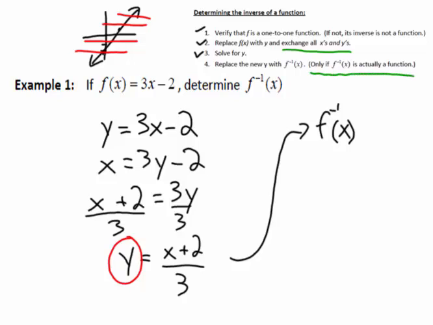Our original function is one-to-one, so our actual inverse is a function. And then we just write out what we have, x plus 2 over 3. There's the inverse of f of x, f to the negative 1 of x. And whether to use the notation or not, we're going to spend more time looking at that. The important piece is to understand how to find that inverse and do some of that algebra.